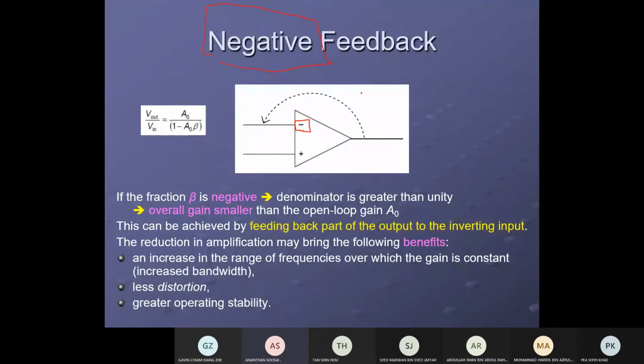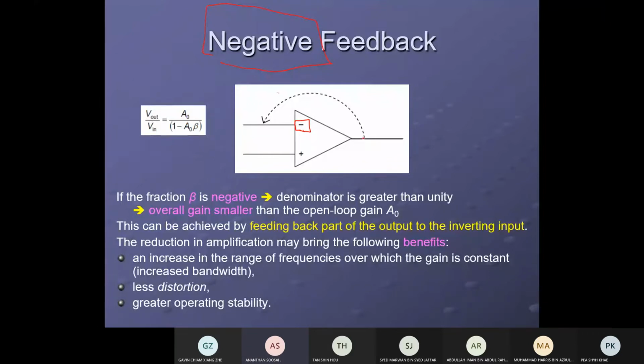If the fraction beta is negative, the denominator is greater than unity, so the overall gain is smaller than the open loop gain.